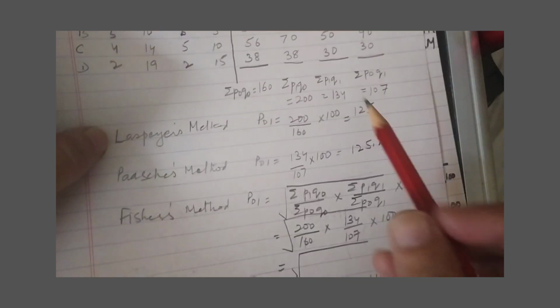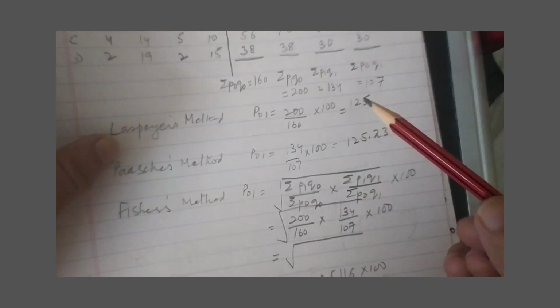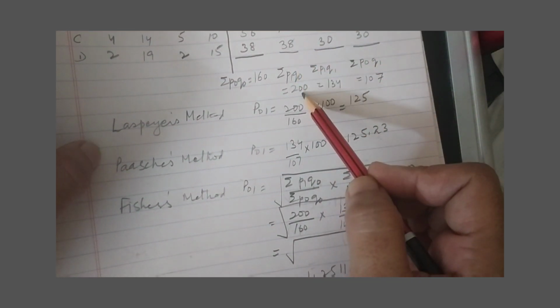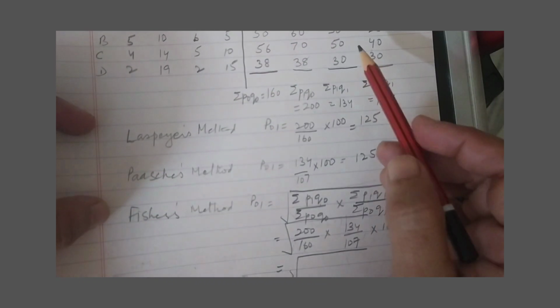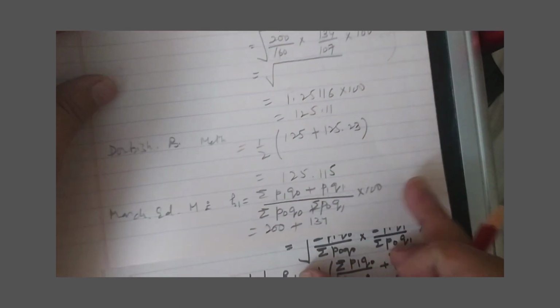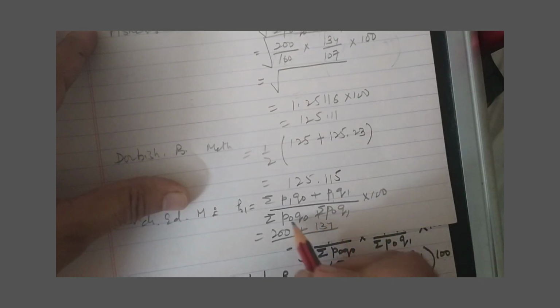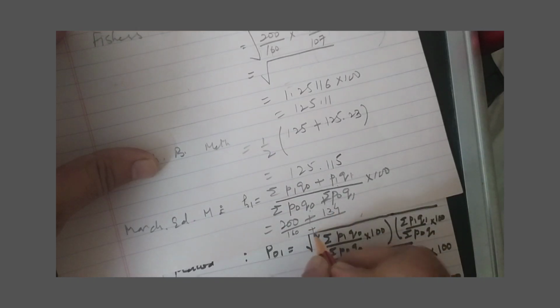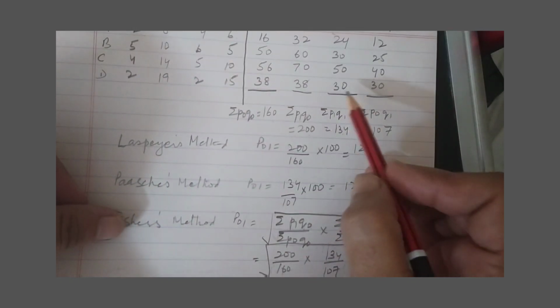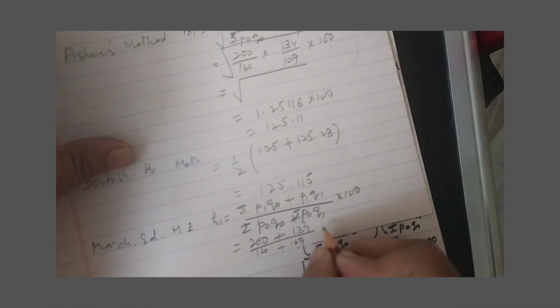P1 Q0 is 200 plus P1 Q1, which is 134, over P0 Q0, which is 160, plus P0 Q1, which is 107, into 100.